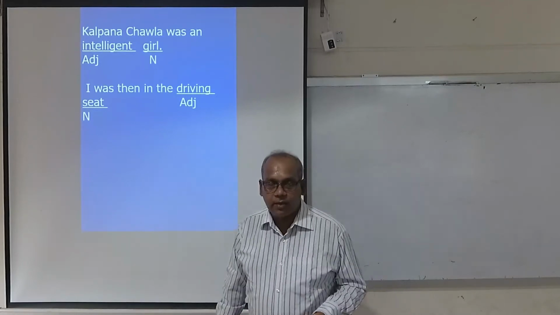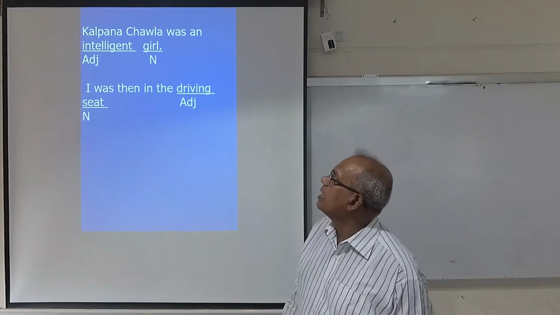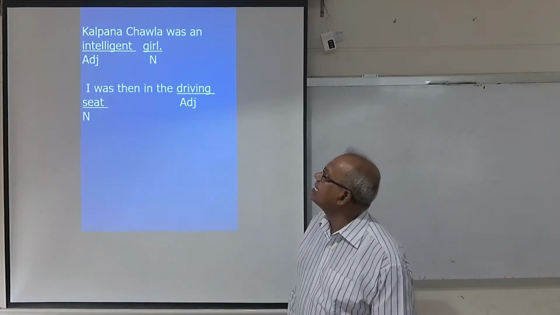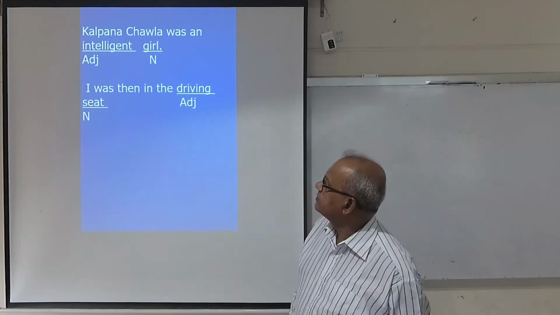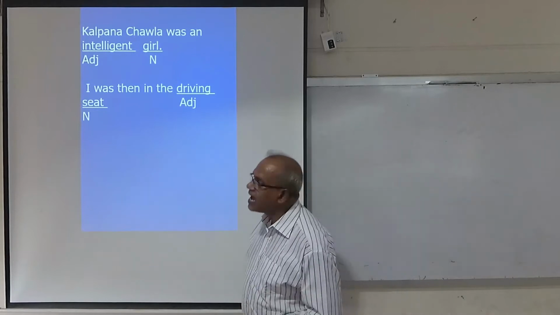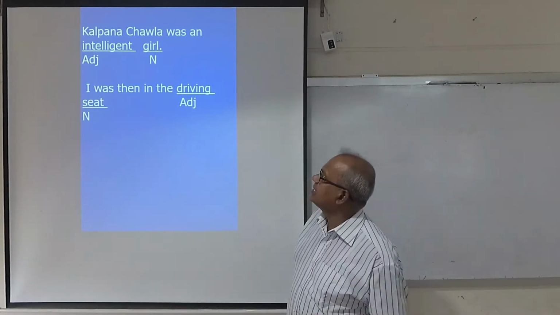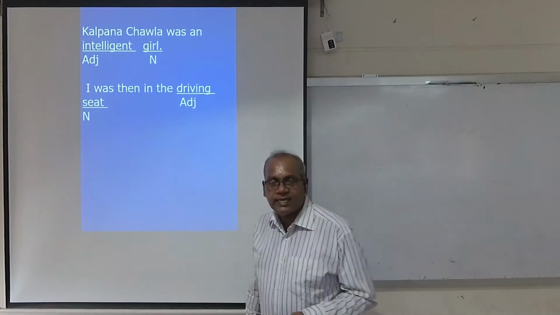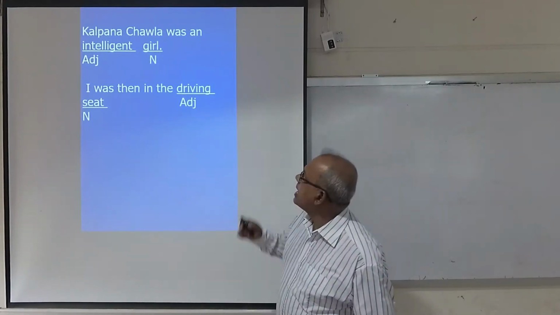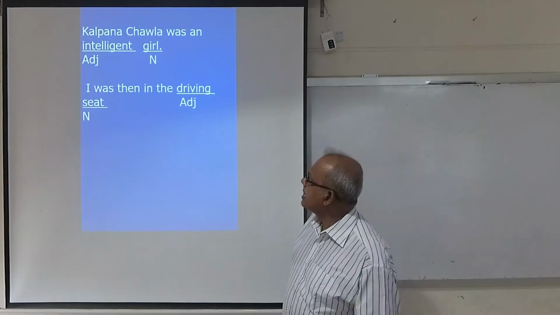Dear students, now look at the sentences. Kalpana Chawla was an intelligent girl. And the second sentence, I was then in the driving seat. In the first sentence, you see intelligent, it is an adjective, and girl is a noun.